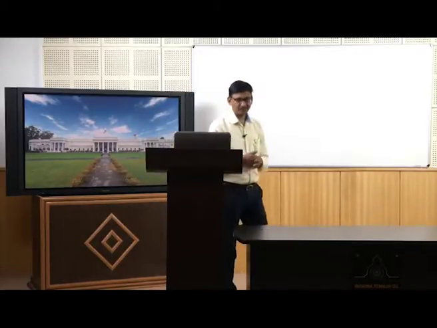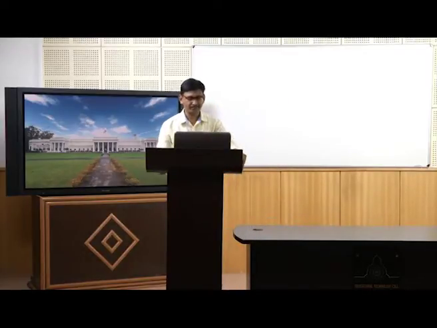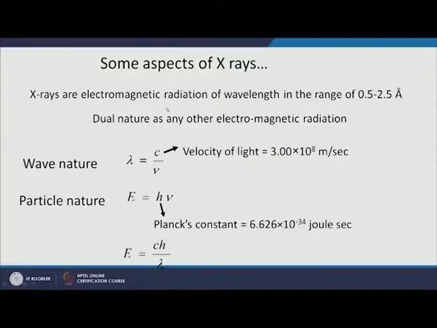Some technical aspects of X-rays. This is also an electromagnetic radiation, and the wavelength is in the range of 0.5 to 2.5 angstrom depending upon which X-rays you are using. It also has a dual nature like any other electromagnetic radiation.